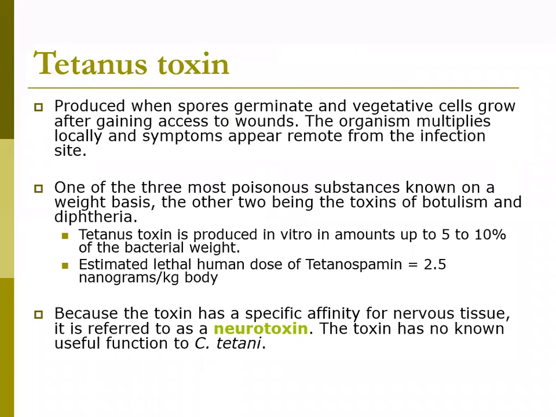Tetanus toxin is produced when spores germinate and vegetative cells grow after gaining access to wounds. This is very important. The production of toxins occurs only when they gain access to wounds. The organism multiplies locally and symptoms appear remote from the infection site.